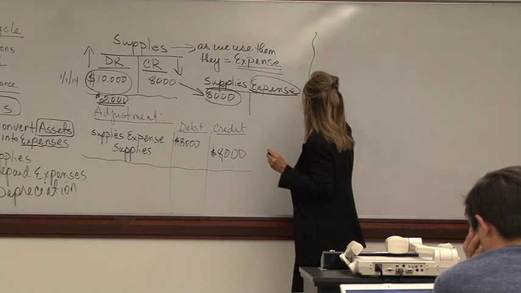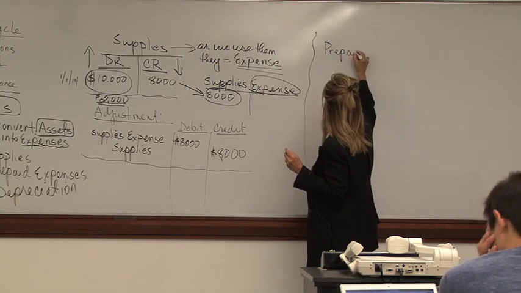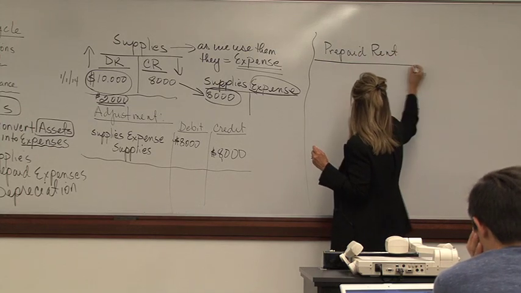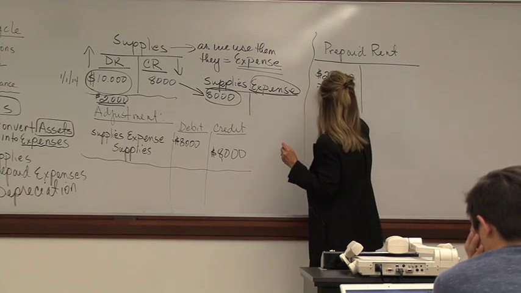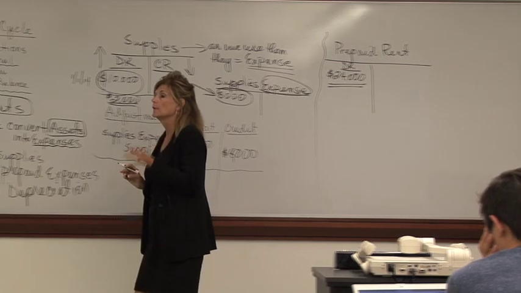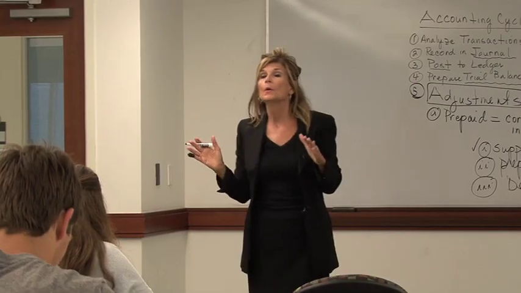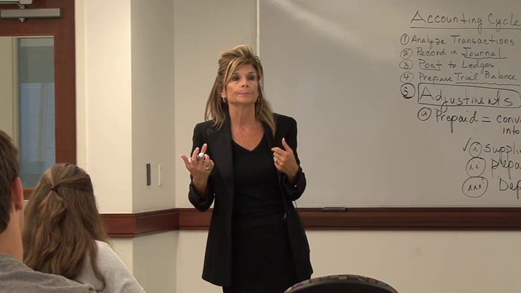So let's pretend we have the same company, and what they did is they prepaid their rent in advance 6 months, and they prepaid $24,000 in total. $24,000 over a 6-month period would mean the monthly rent is $4,000.